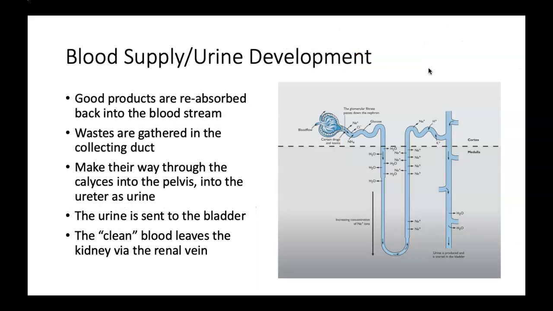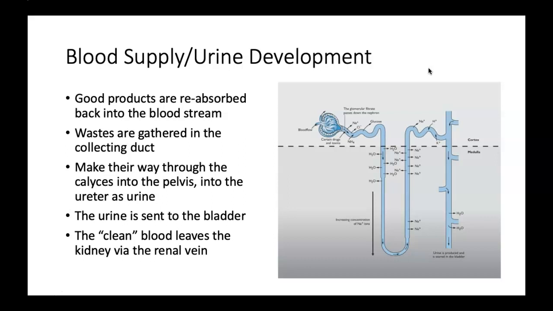Good products are reabsorbed back into the bloodstream through this process. Wastes are gathered in the collecting duct. They make their way through the calyces into the pelvis, into the ureter as urine, and then the urine is sent to the bladder, and the clean blood leaves the kidney through the renal vein.